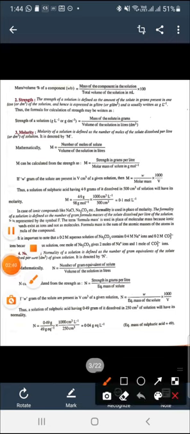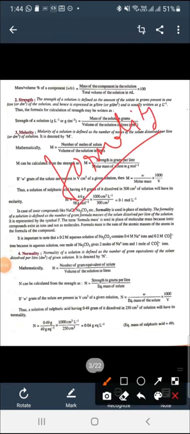Similarly, the formality term is also there. Formality is used instead of molarity only in case of ionic compounds. If there are ions present, then the formality term is used. If there are molecules present, then the molarity term is used.